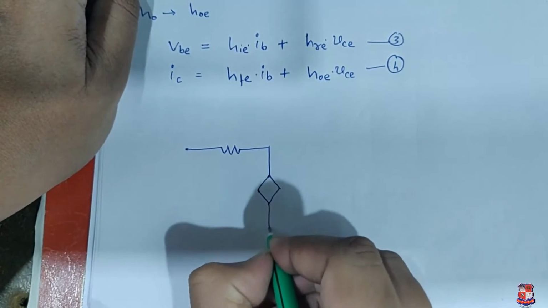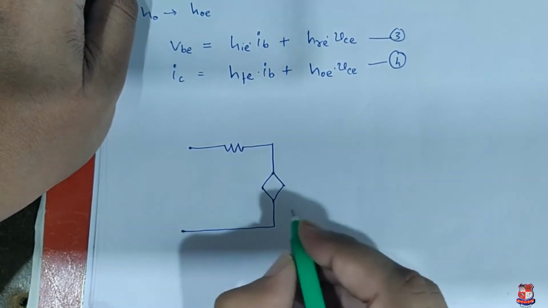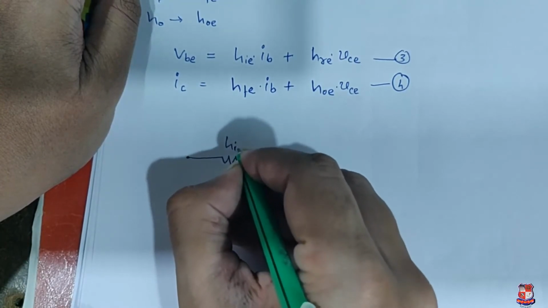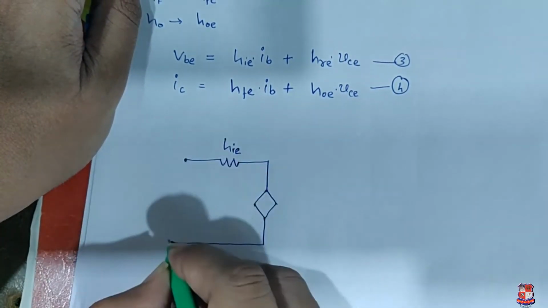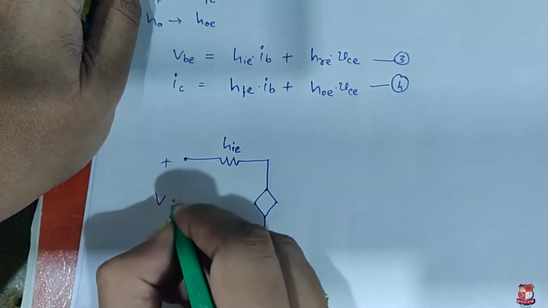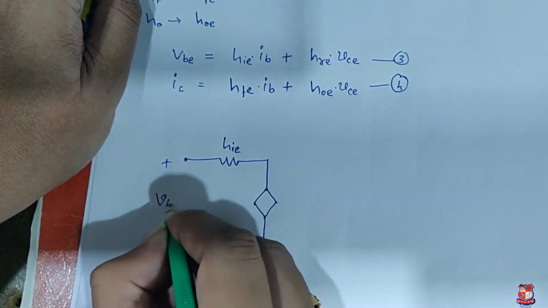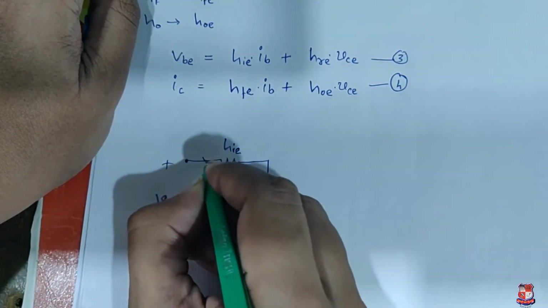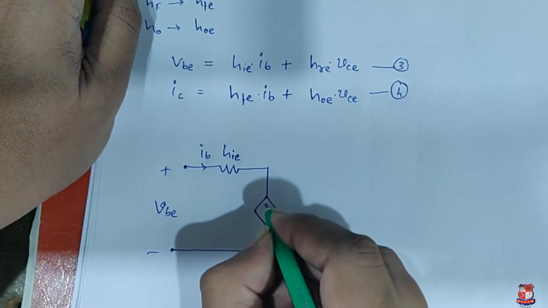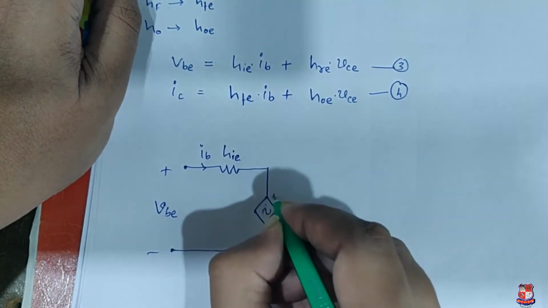So circuit will remain same, but the name of parameter will be changed. So this will become HIE. Here the voltage is nothing but the VBE, and current is nothing but the IB. This is the dependent voltage source.